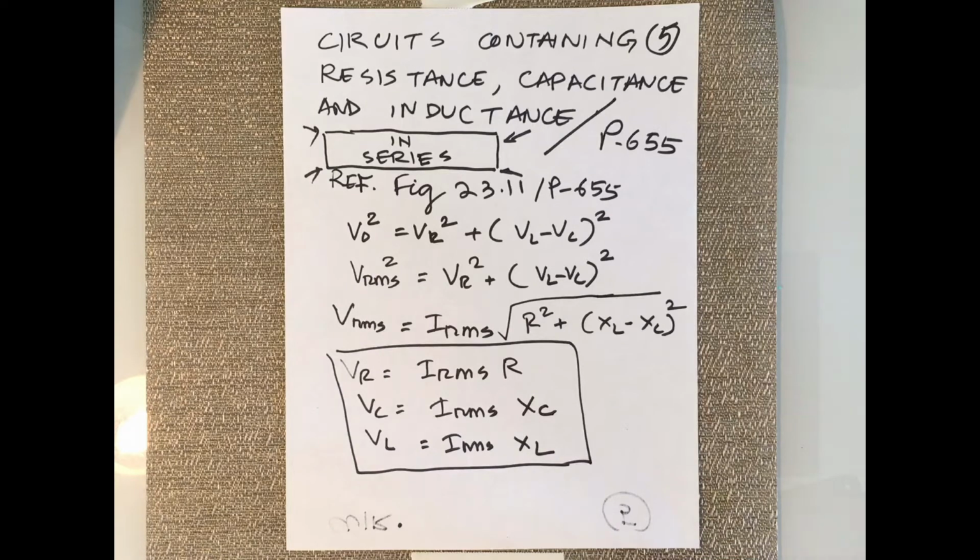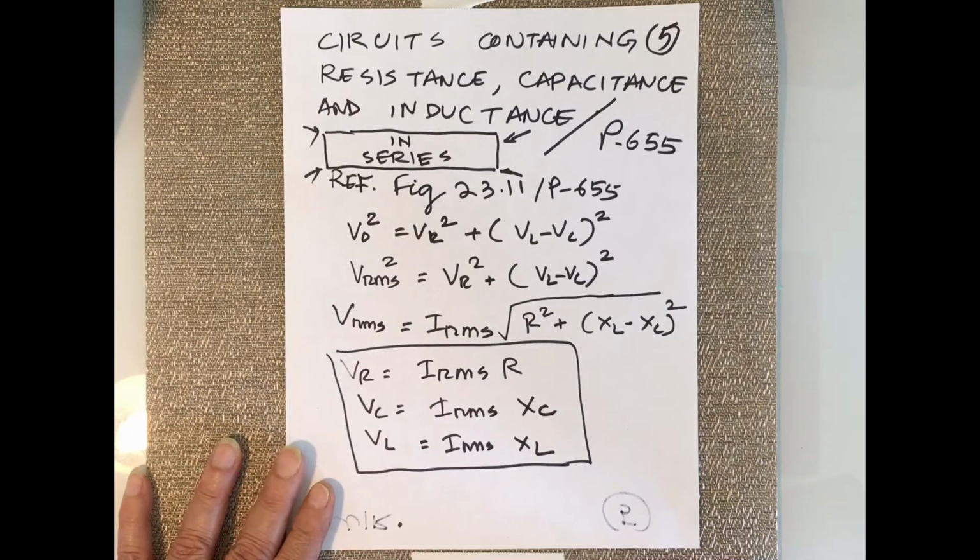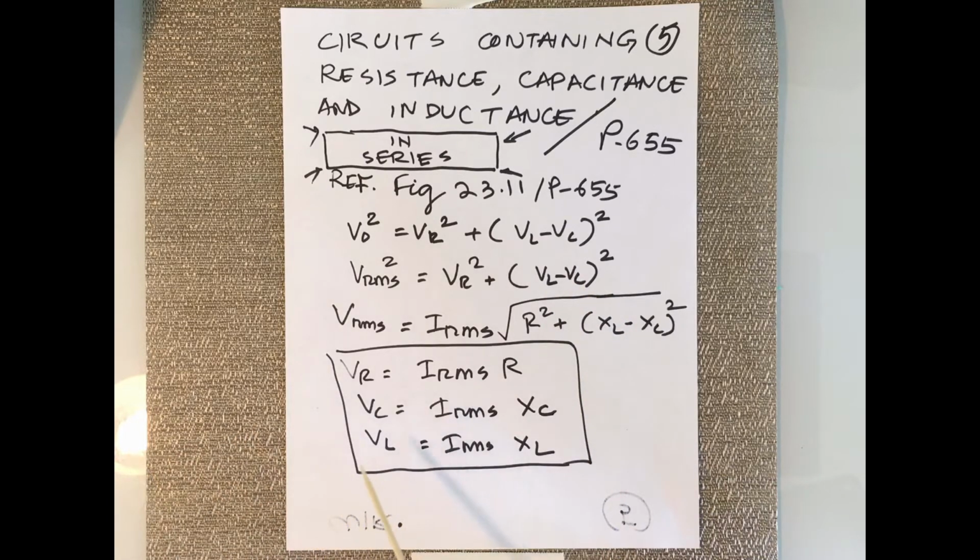From the graph you will see the relationship in this equation: V0 squared equals VR squared plus (VL minus VC) squared, or in other words VRMS squared equals VR squared plus (VL minus VC) squared.